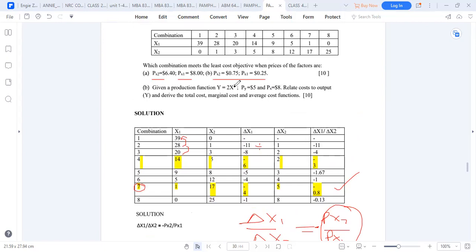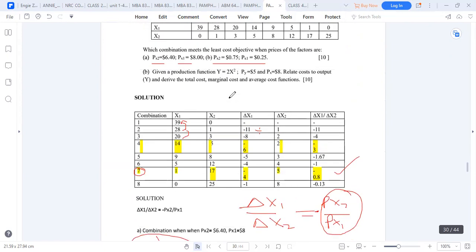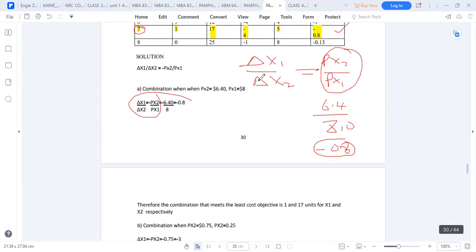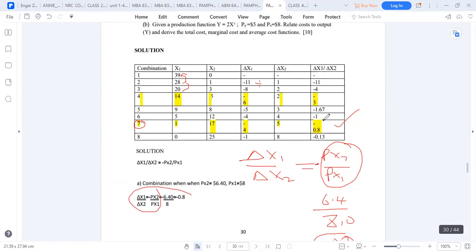So you do the same for part B, where you are now going to redo the formula. You can leave the same table as it is, but here you're going to divide 0.75 over 0.25. When you divide those two, we're going to get negative 3. When you go in here, you find the figure which is equivalent to negative 3.